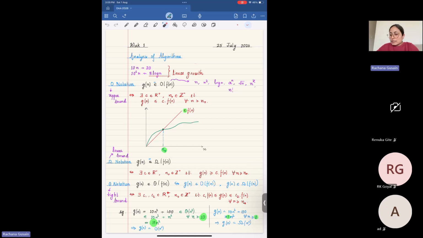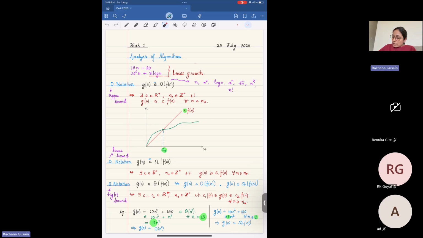Essentially, you have a function whose input is some parameter n, which is an integer. You want to understand the growth of that function with respect to the input parameter n, or you want to compare different functions, and see which one grows faster, and so on.